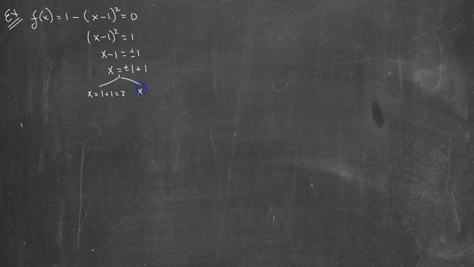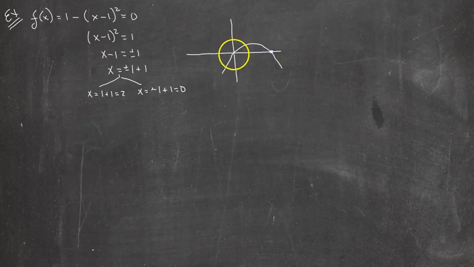And I have a root at x equals negative 1 plus 1, 0. So if I sketch that graph now, well, I knew what it looked like already. I just didn't know where these points were. The one I suspected is true, 0, and the other root is at x equals 2. So now I have my bounds. I'm going to rotate this solid around the x-axis and calculate the volume.